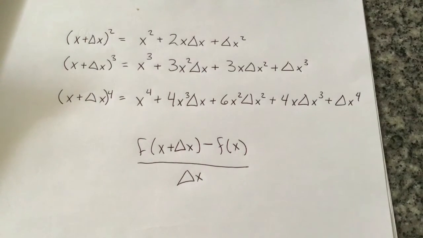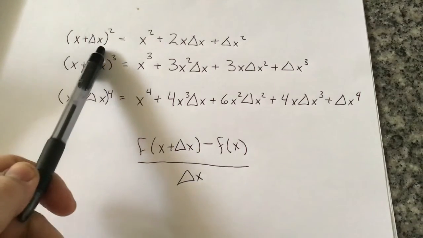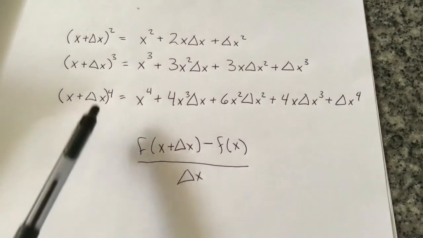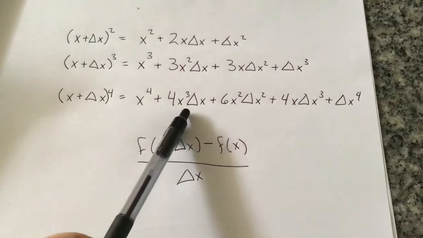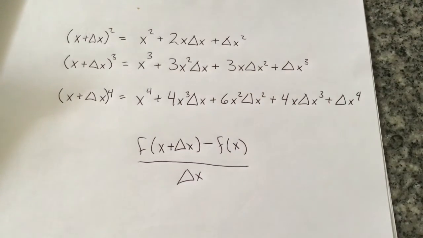What you see before you is the answer to x plus delta x squared, to the third, and to the fourth. So I would recommend pausing your video right now and writing these down if you haven't already. Because anytime we have a function that is going to ask for this squared or to the third or to the fourth, this is exactly what we are going to substitute in.